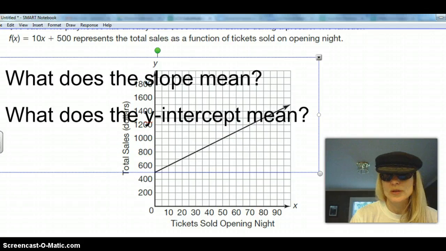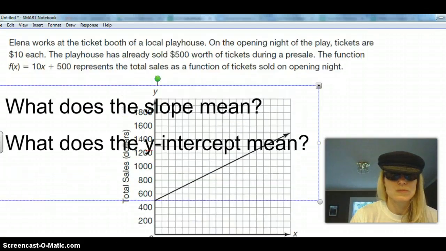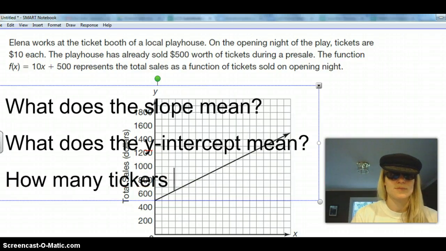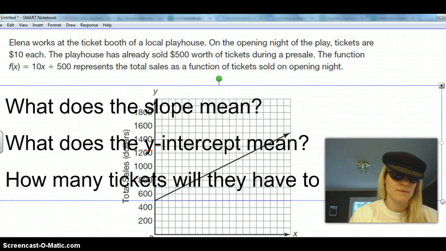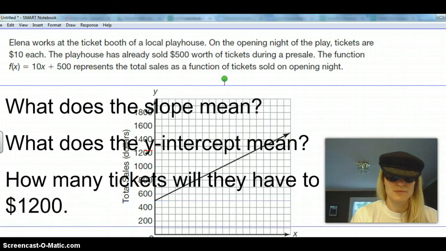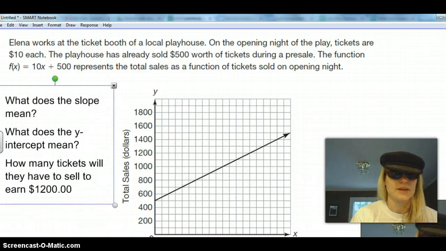And then we want to know how many tickets they will have to sell to earn $1,200. Okay, so let's fix that. All right, there we go.